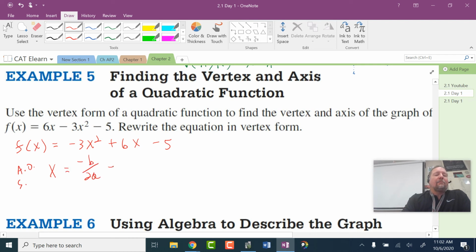What is b? It looks like b is 6. They almost look the same. Anyway, over 2a. And then this actually equals negative 6 over 6. So the axis of symmetry is 1. So the vertex's x coordinate is 1, comma.